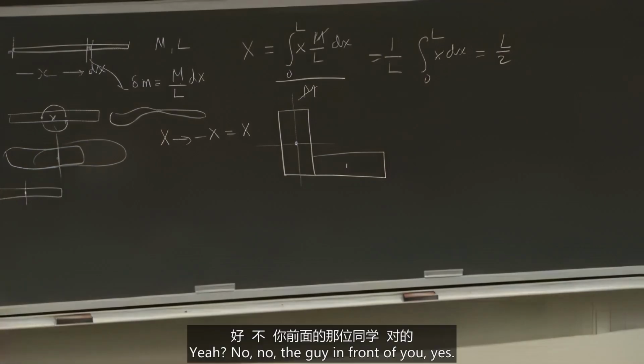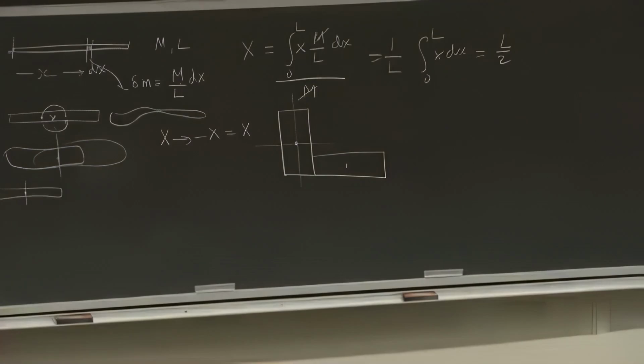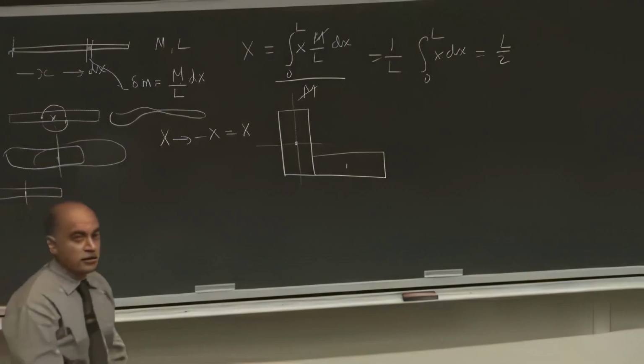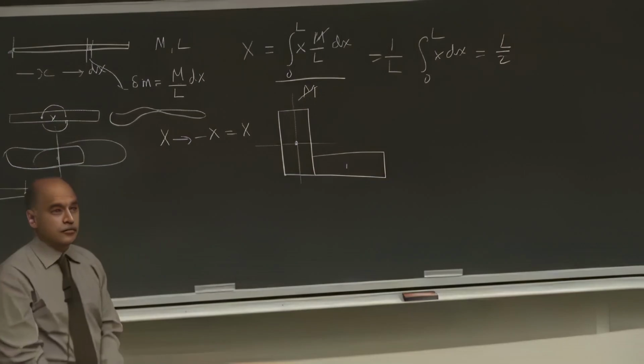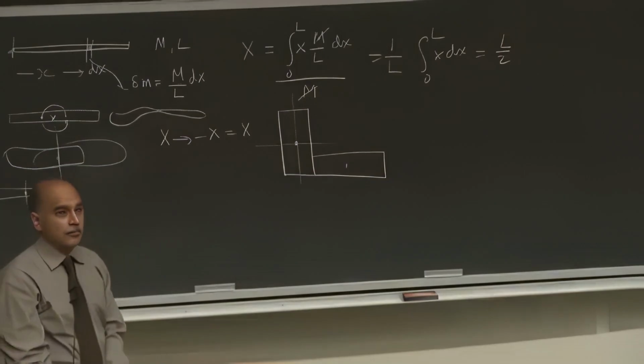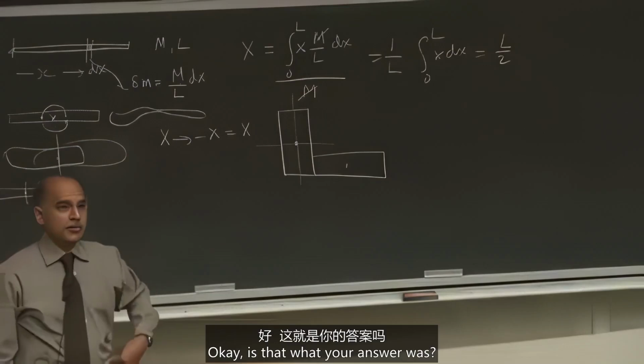No, the guy in front of you. Yes. You can get the center of mass for the two objects, and then just as you said, find the center between those two as point masses. Okay. Is that what your answer was?